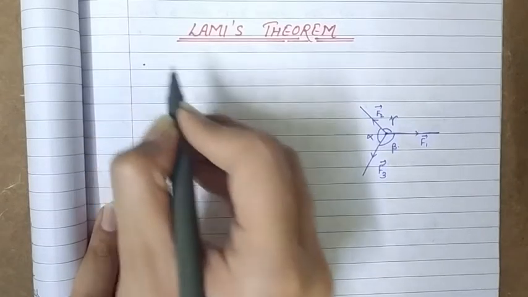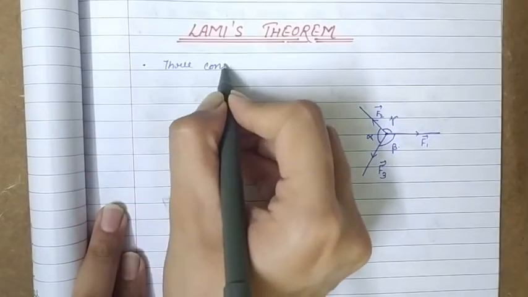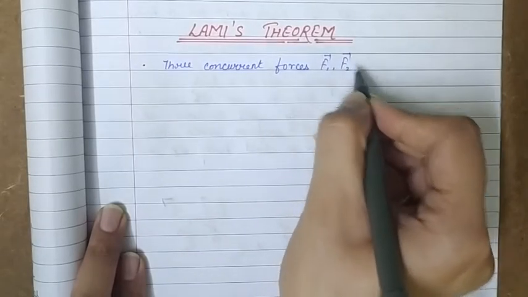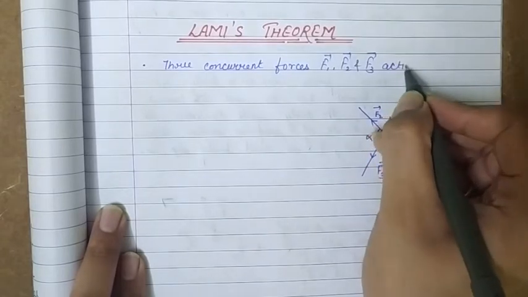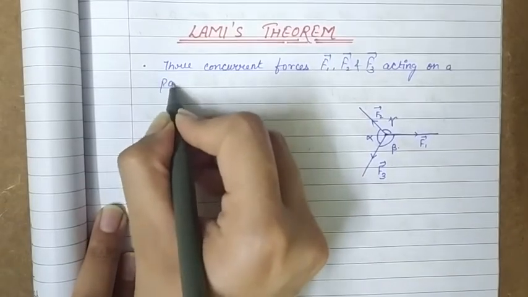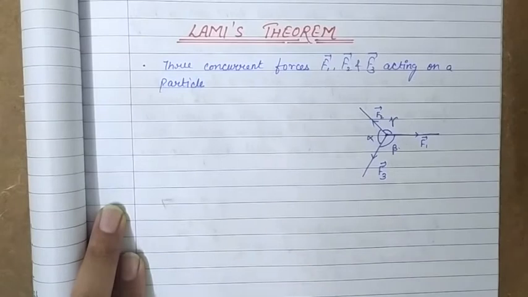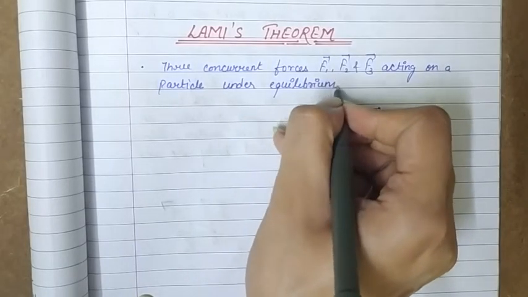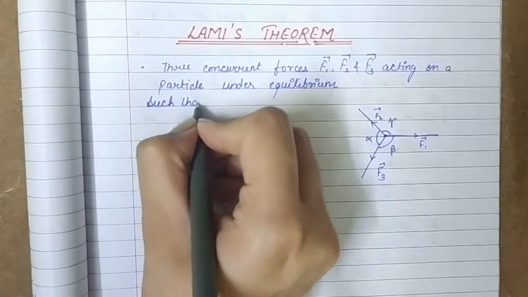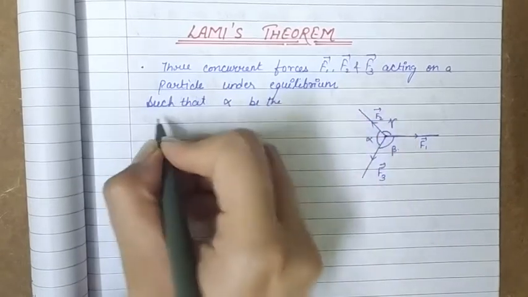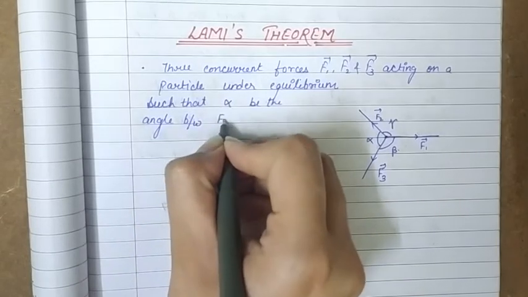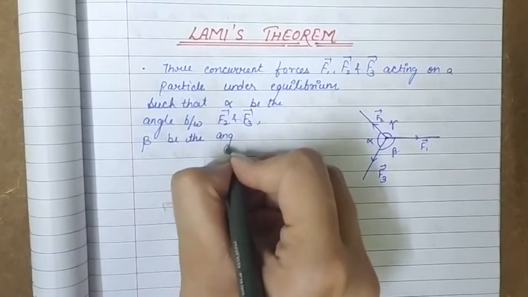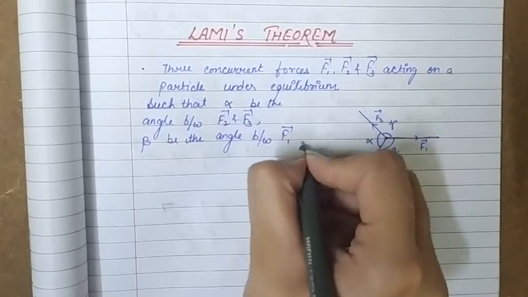We consider three concurrent forces F1 vector, F2 vector and F3 vector acting on a particle under equilibrium such that alpha be the angle between F2 and F3, beta be the angle between F1 and F3.